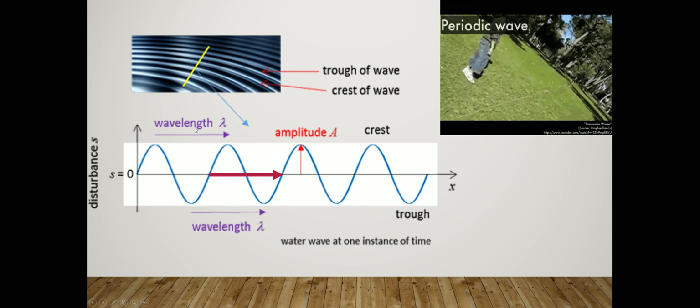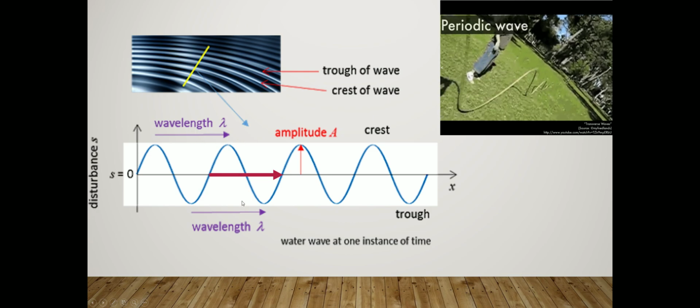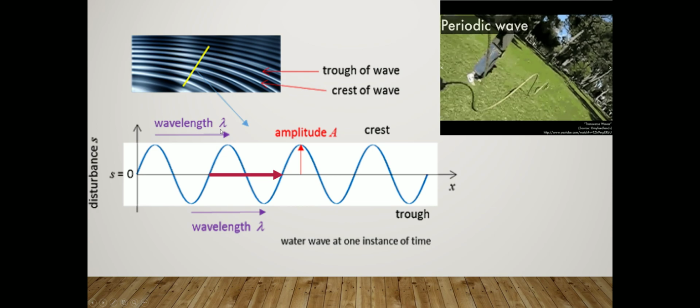Wavelength is another very important concept. A wavelength is just one cycle of a wave. There are two ways to think of wavelength. The first way is to think of it as this red line right here, which I drew on this picture.